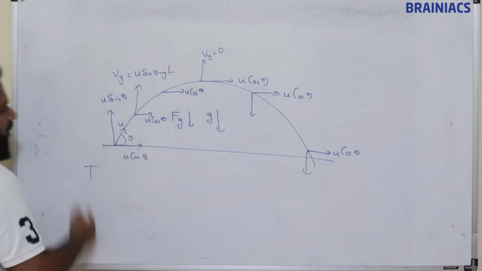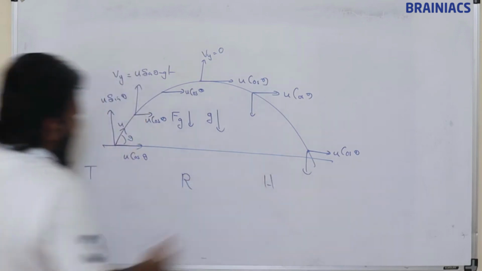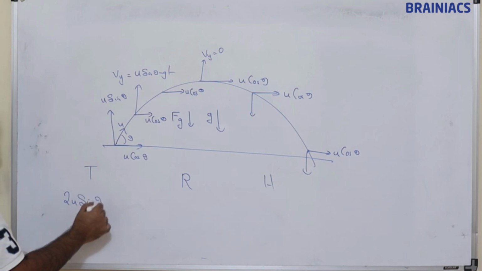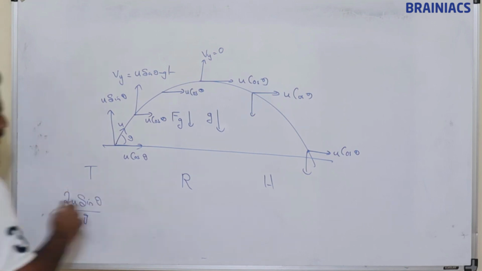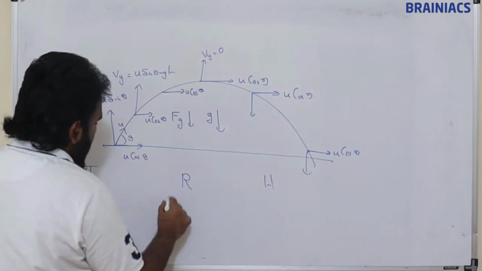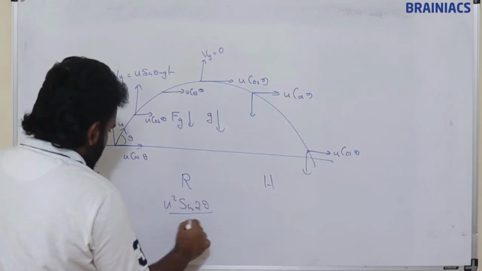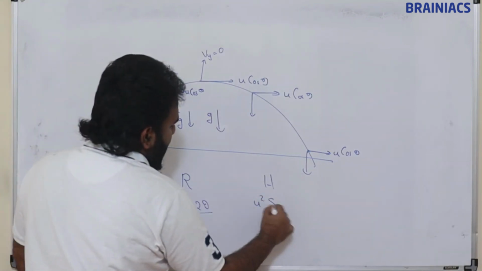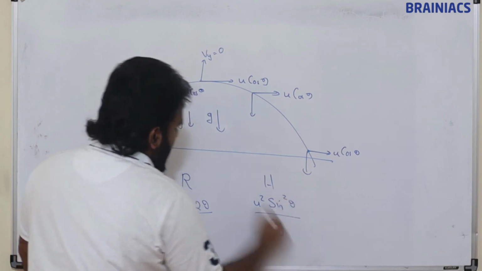Then time of flight, range, maximum height. Time of flight is 2u sin theta by g. So this 2 will do all the play. When it comes to range, it is u square sin 2 theta divided by g, and for maximum height, u square sin square theta by 2g.